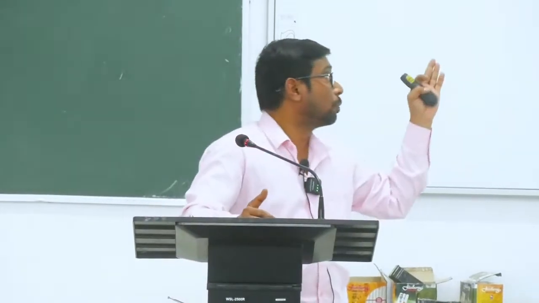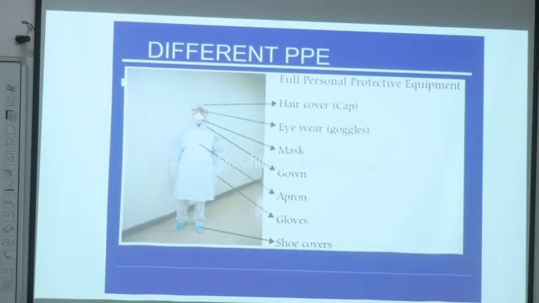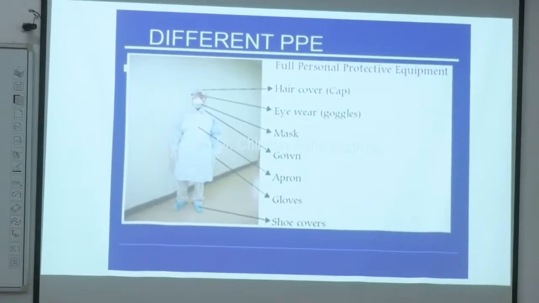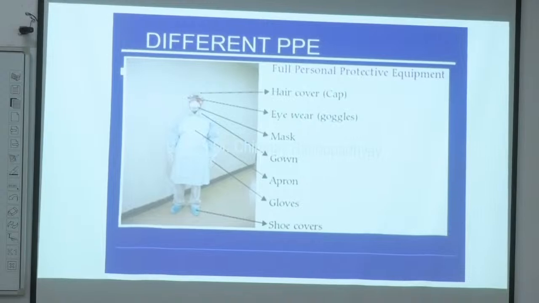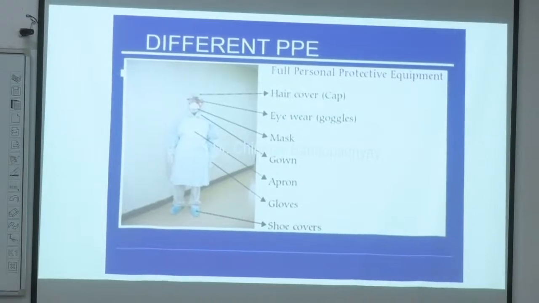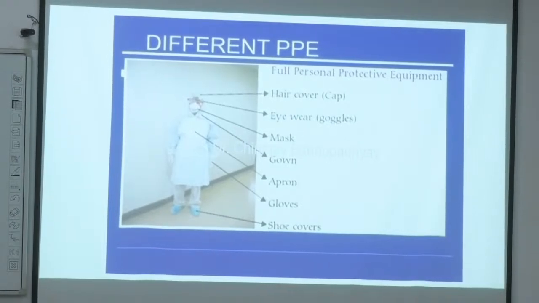Now I will come to PPE. PPE means personal protective equipment. The intended purpose of personal protective equipment is to prevent nosocomial infection or cross infection, or to prevent the exposure of any body fluid from the patient or any other hospital environment.